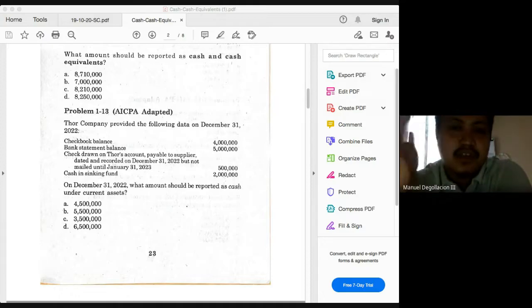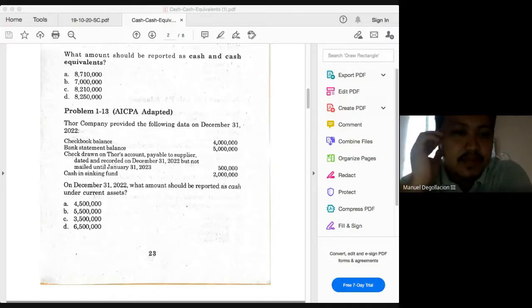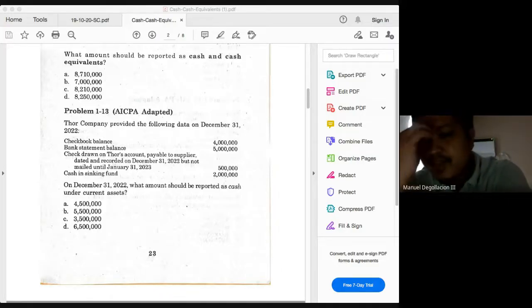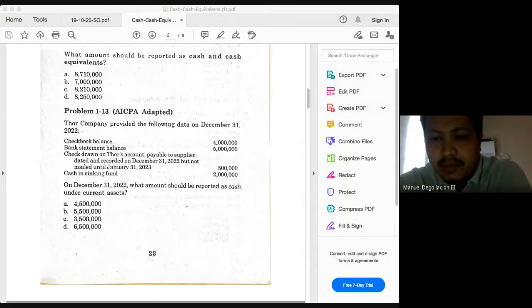Because of the timing issue, class, there are instances throughout the year that the checkbook balance will not be the same as the bank statement balance. And that is why part of your record keeping would be to prepare a reconciliation of these items. Okay, but ultimately, the amount that will be reported in our financial statements should be the correct balance.